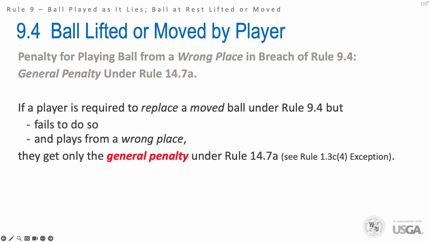If a player is required to replace a moved ball under Rule 9.4 but fails to do so and plays from a wrong place, here we're going to see this lovely golf math. They're only going to get the general penalty. So in this case, this is our 1 + 2 = 2 rather than 1 + 2 = 3.